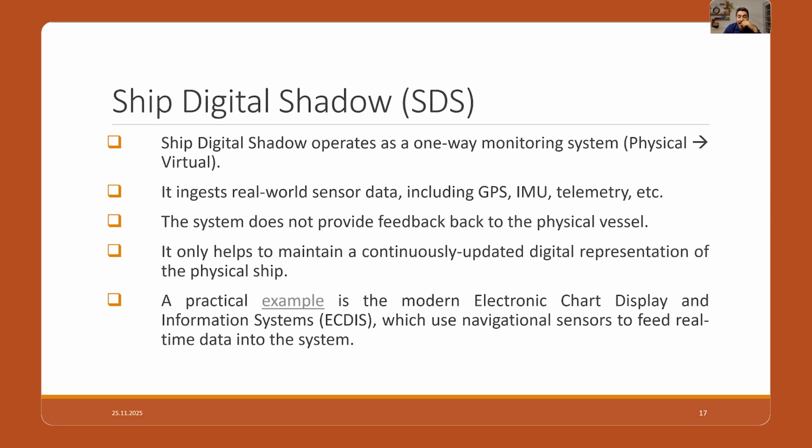A practical implementation of this digital shadow concept, you can see this in modern ECDIS systems, the electronic chart display and information systems, where navigational sensors like GPS, gyro compasses, and AIS feed real-time positional and environmental data into the digital representation, but without any bidirectional control. So it only mirrors what is being done in the ship, but you just observe it. You don't interfere with it and return any feedback back to the ship.